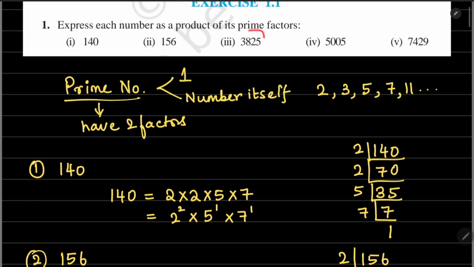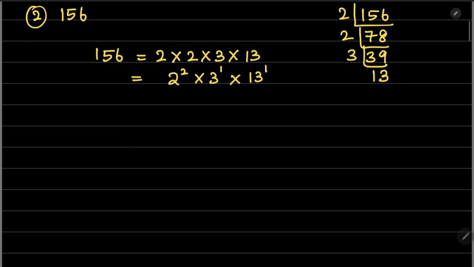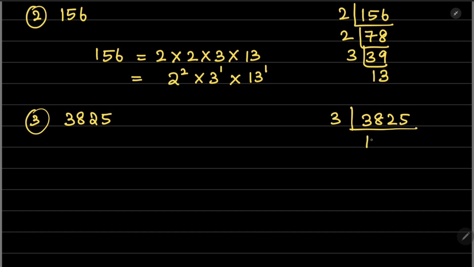The third one is 3825. Let's go ahead. Let's see if it goes with 3. 3 ones are 3, 3 twos are 6, 22.